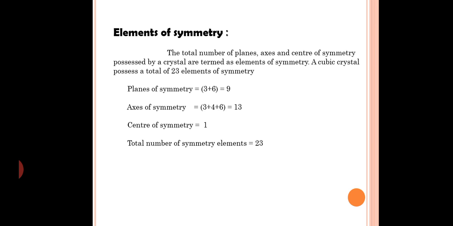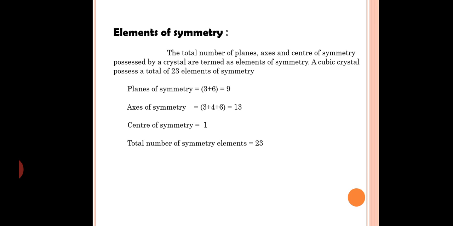The axes of symmetry are called dyad, triad, tetrad, and hexad respectively, depending upon whether the original appearance is repeated twice after an angle of 180 degrees, thrice after 120 degrees, 4 times after 90 degrees, and 6 times after 60 degrees in one revolution.